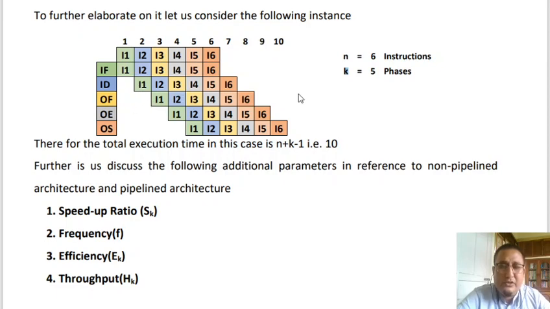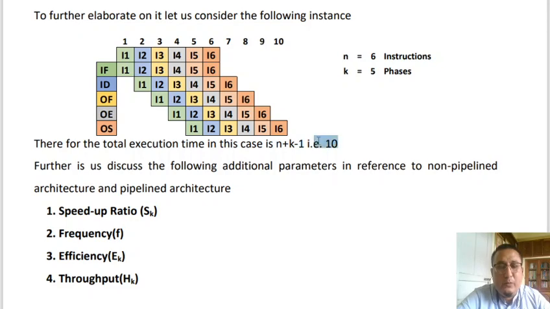If I want to establish a relationship between the number of instructions, the number of phases, and the total time required for execution, the relation will be n plus k minus 1, that is 6 plus 5 minus 1, which is 10.